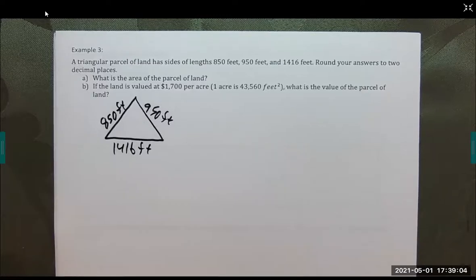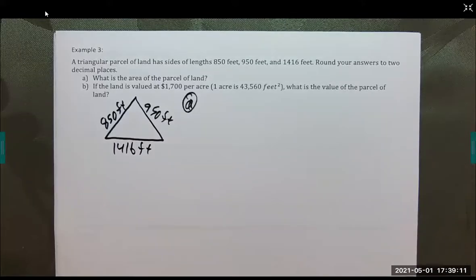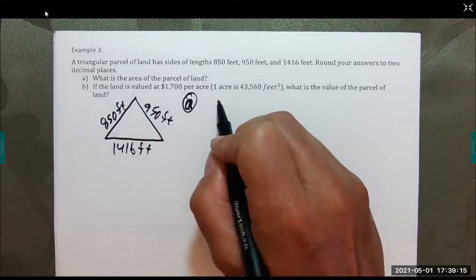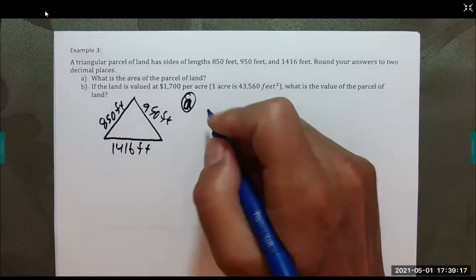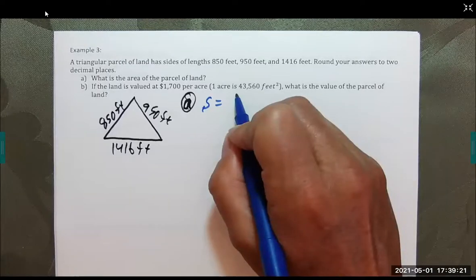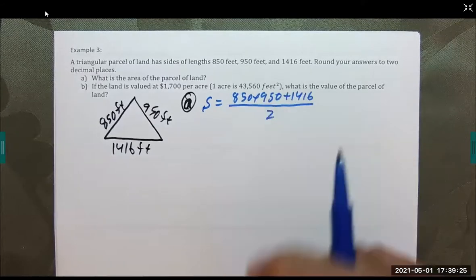And part A, we need to find the area of the land. And then part B, we're going to see how much the land is worth. So part A. First off, I need my semi-perimeter. Is the 850 plus 950 plus 1,416 divided by 2.